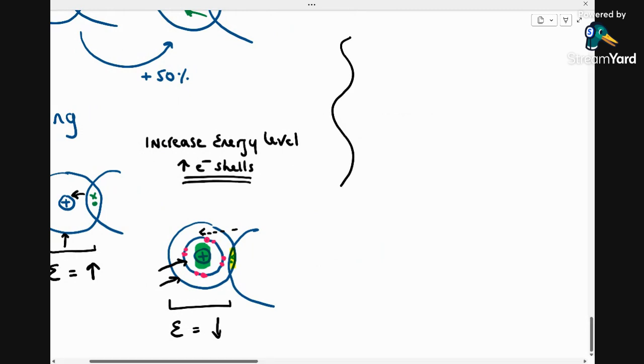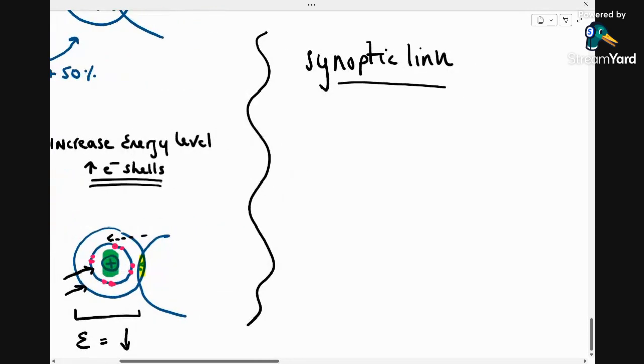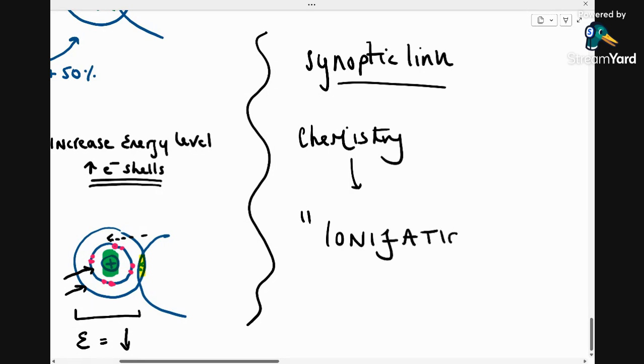Just as a sort of synoptic link between the sciences, if you're doing A-level chemistry, this links to a topic that you do fairly early on called ionization energies.